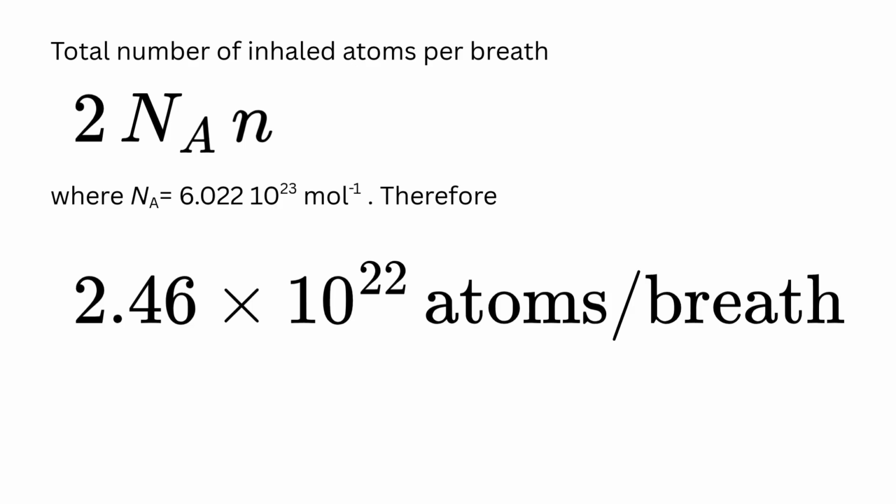Then, multiplying by Avogadro's number, we obtain the number of molecules of the inhaled air. And since the inhaled molecules are mostly nitrogen and oxygen, which are diatomic, multiplying by an additional factor of 2 gives the total number of inhaled atoms per breath.